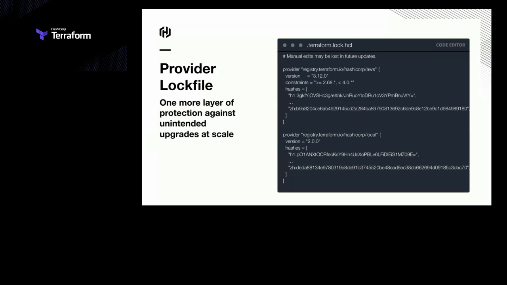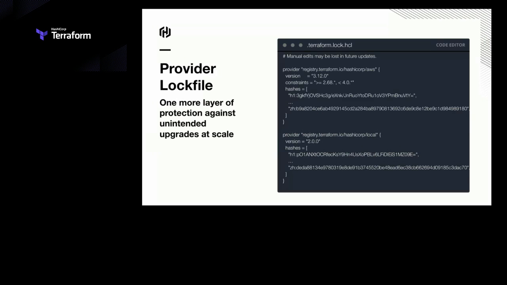Now, if you're running at massive scale or even tiny scale, but that scale is critical to you, you want those runs to be repeatable. And so what the lock file does is when you run Terraform init against a configuration, it will record the provider versions in use in that configuration and the hashes that allow Terraform to verify that provider.